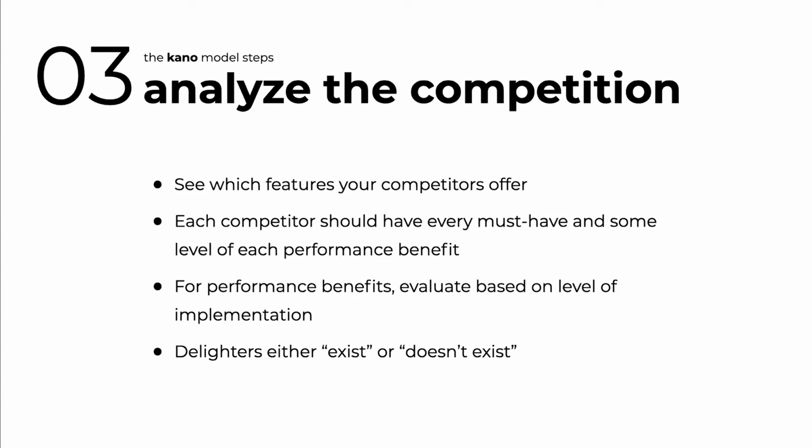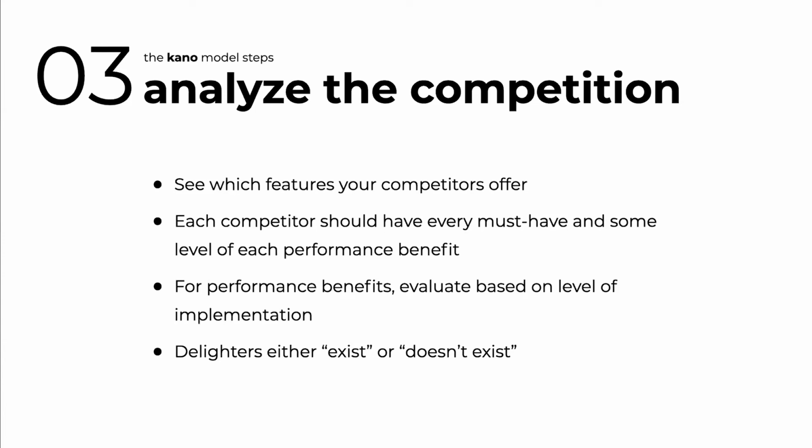What's interesting is that every competitor should have every single must-have, and if they don't, that could be a real reason why they're struggling to gain traction, or maybe it's not actually a must-have. But typically I've found that nearly every competitor always has every must-have.